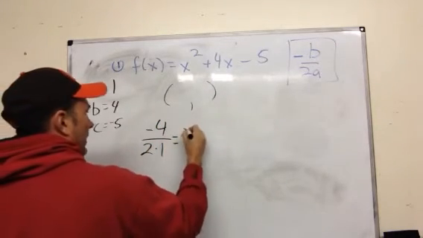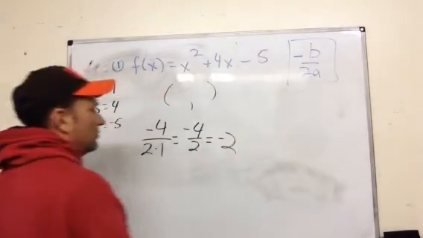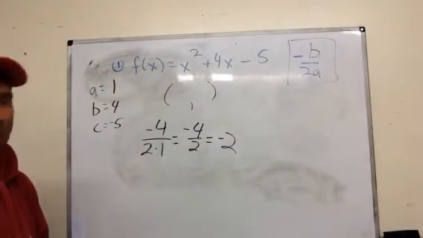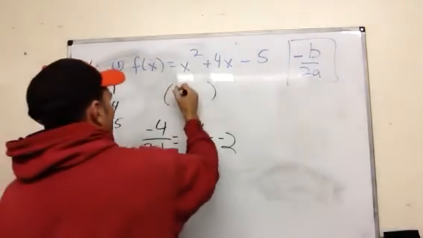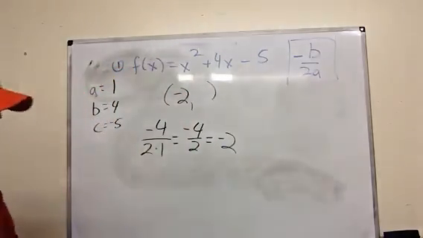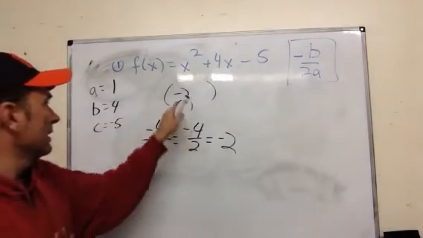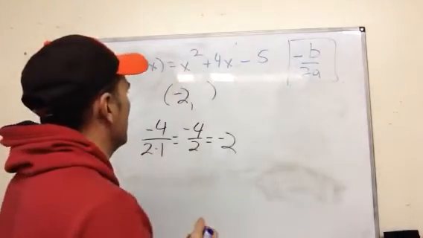So we end up with negative 4 over 2, and that reduces down to a plain old negative 2. This is the x value of our vertex. That's what goes there. To get the y value, this is where we plug this in to our equation up here.